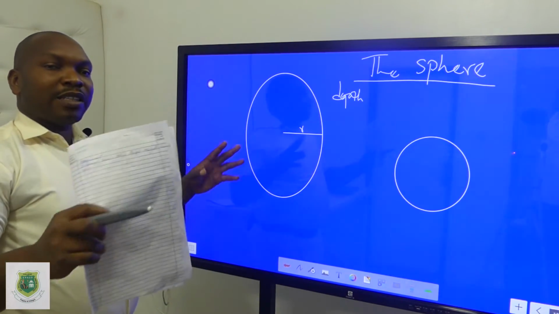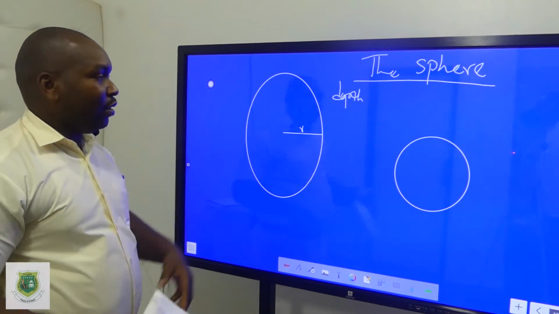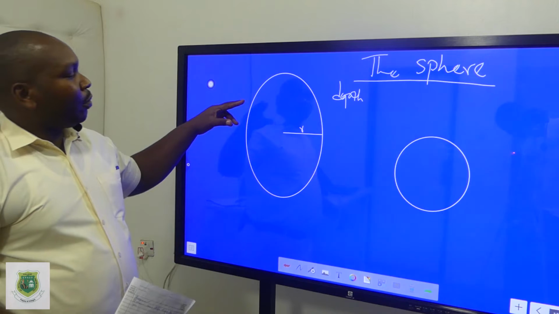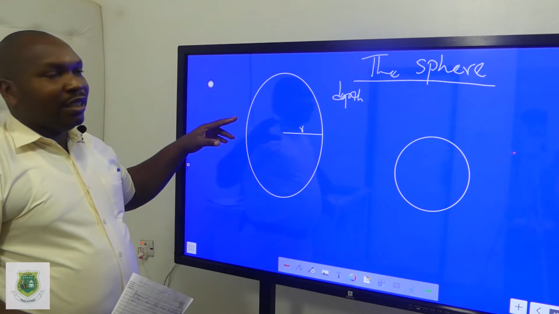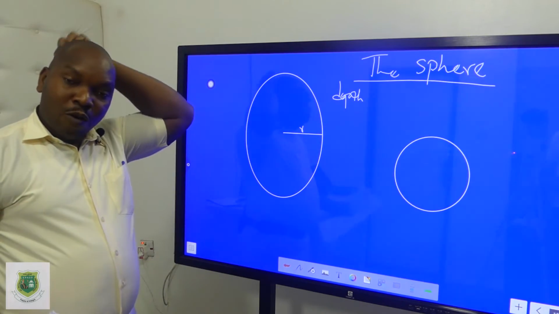A typical example of a spherical object is the earth we are living in. The earth is spherical in shape. That is why we are not seeing the same time with every other part of the world.